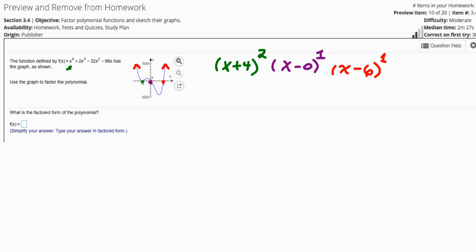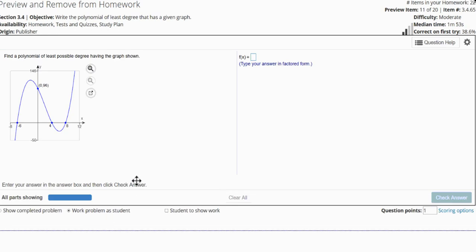Let's look at another example. This one says, find a polynomial of least possible degree having the graph shown. So once again, we can use the zeros shown here, and we can find the least possible degree.